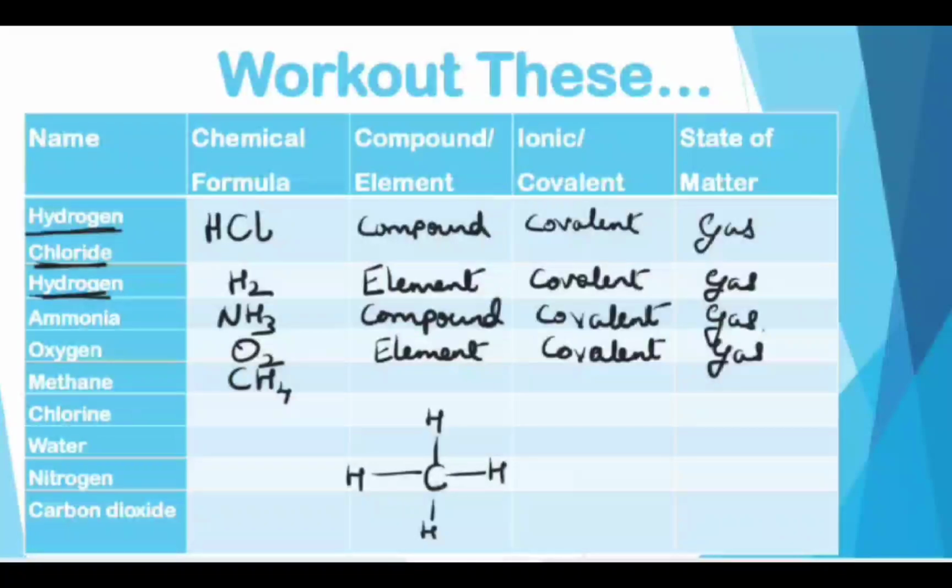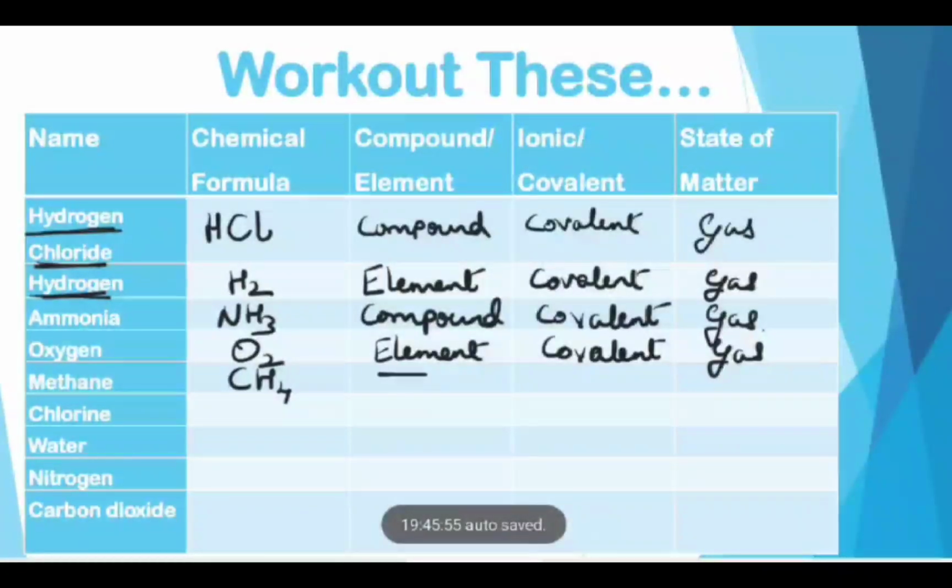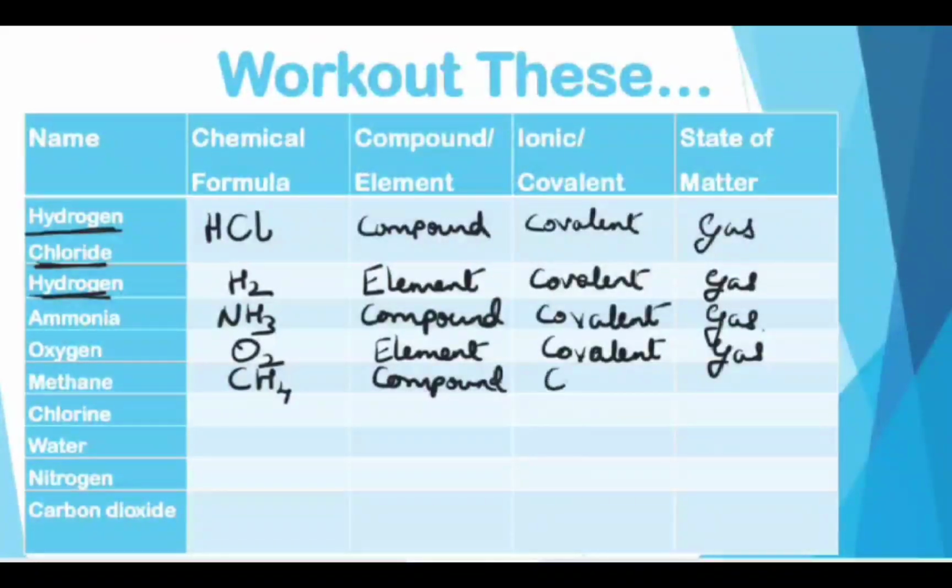C requires four electrons to complete its outermost shell. So this is a compound. Two non-metals combining, so covalent bond, and methane is also a gas. What about chlorine? Chlorine chemical formula Cl2. It is an element.